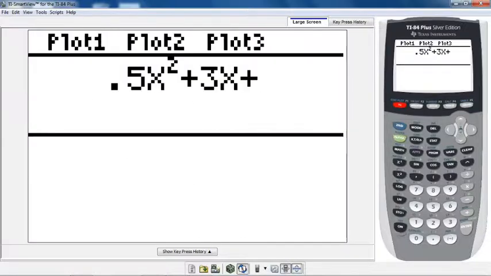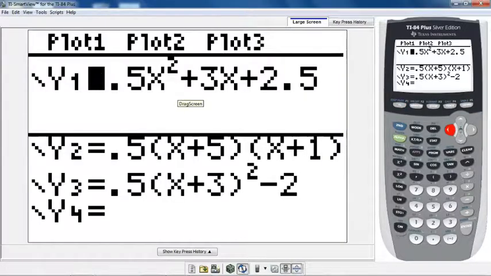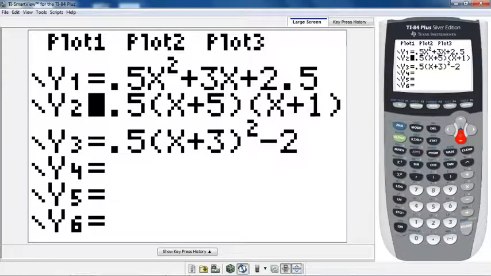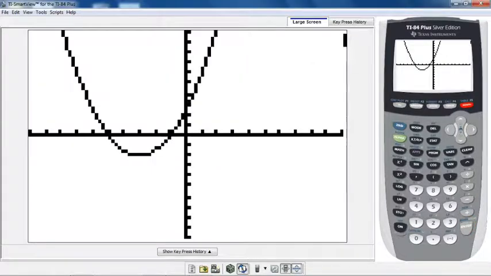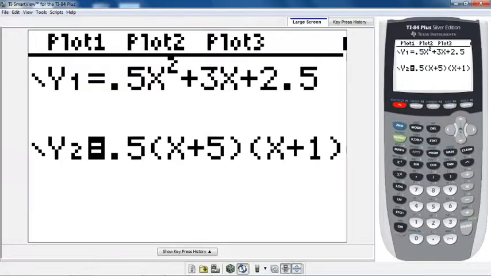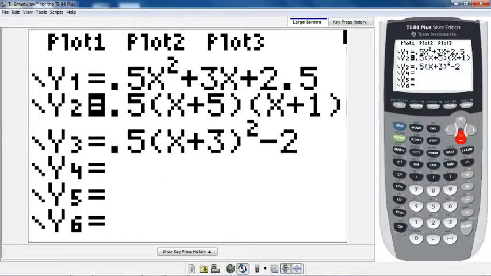And then let's turn on the second graph here. So I turn on y2, hit graph. Looks strikingly similar. And then what about y3? In fact, I'll just turn all 3 of them on at the same time.